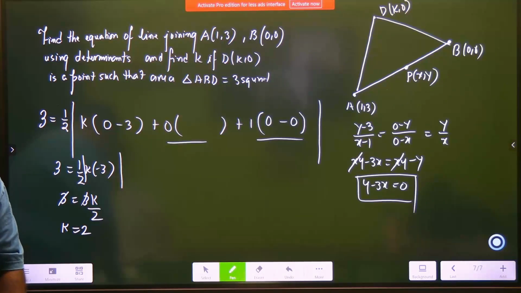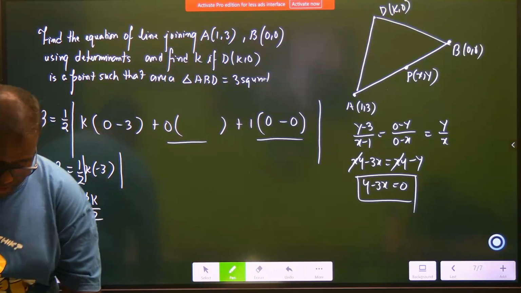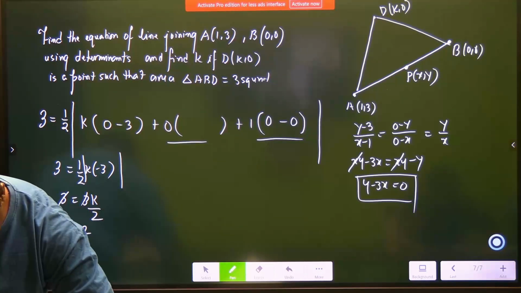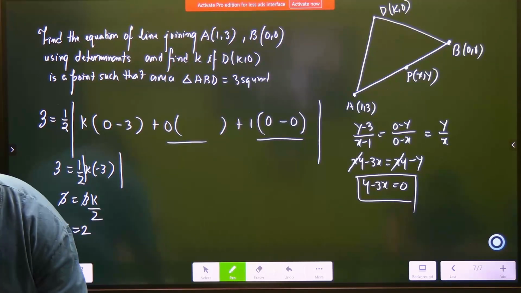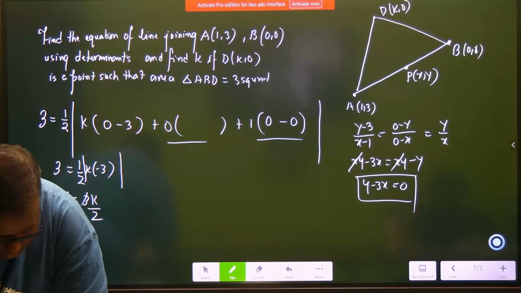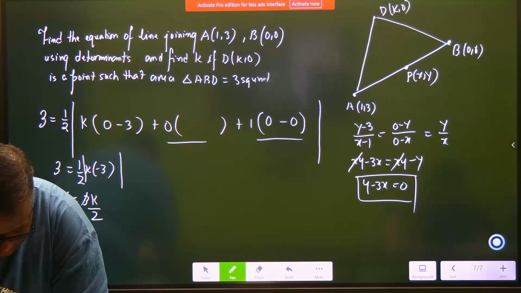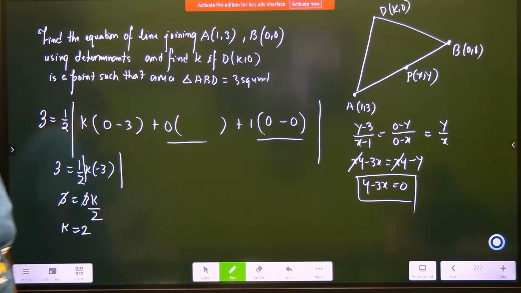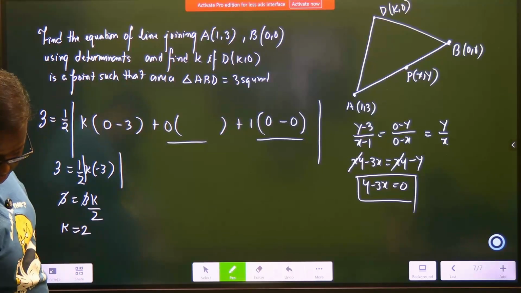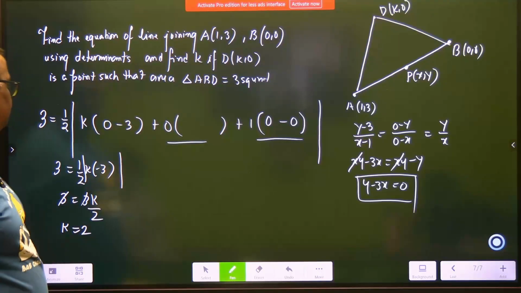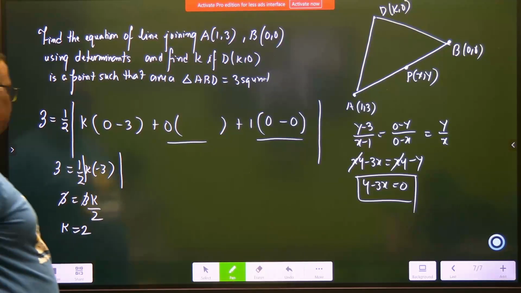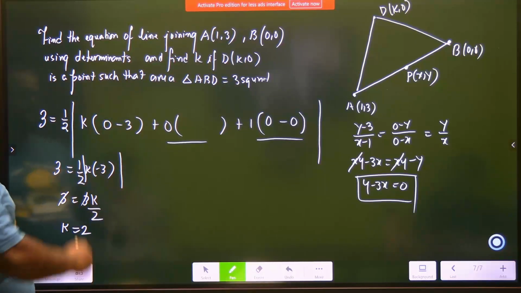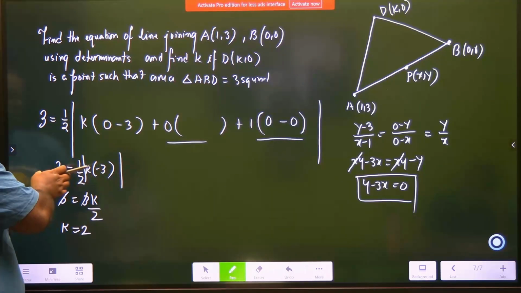So your homework will be exercise 1 and 2. One is the area exercise and the other exercise is the determinants. See, at this stage we can say modulus of something is equal to 3.